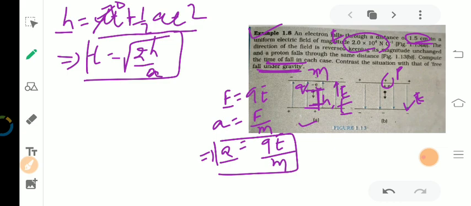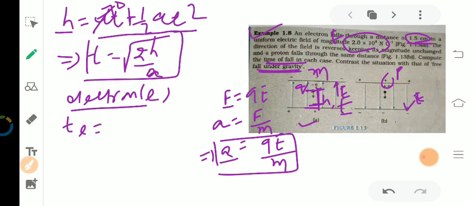Now apply this formula for the electron. So this is the case of the first, the electron. The time taken for the electron is equal to the square root of 2 into, let us change this formula, in place of acceleration put this value. So what will you get then? This is going to be your final formula, 2hm divided by QE.